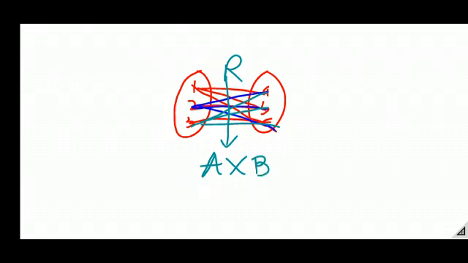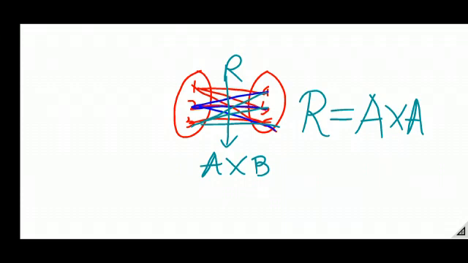So when set of relation is equal to the set of Cartesian product, then this kind of relation is called as universal relation. Is that clear, everyone? So first thing was empty relation, second universal relation.